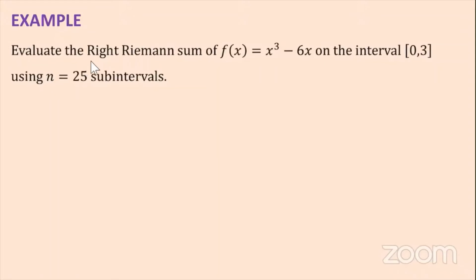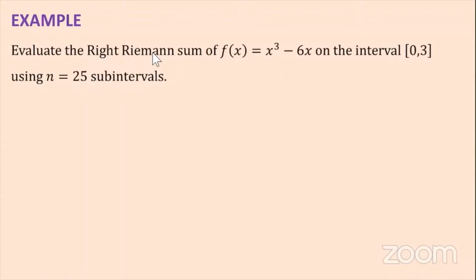Example: evaluate the right Riemann sum of f of x equal to x cubed minus 6x on the interval from 0 through 3 using n equal to 25 subintervals. We are using 25 subintervals and we are approximating the area under the curve using the right Riemann sum.